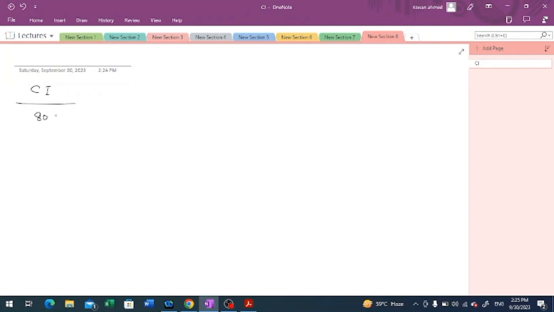Starting with 80%, 90%, 95%, 98%, and 99%. Here we write down the z alpha by 2 value, and in absolute terms we will completely ignore the signs.